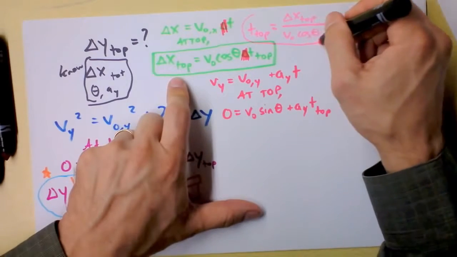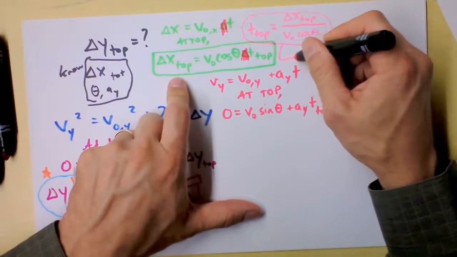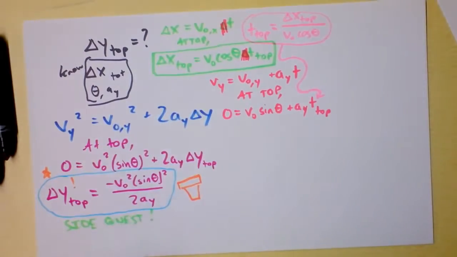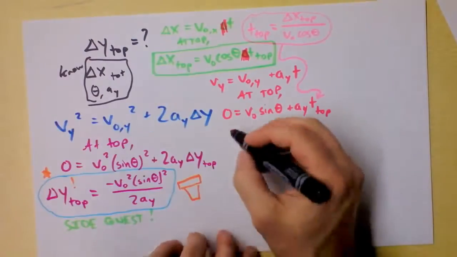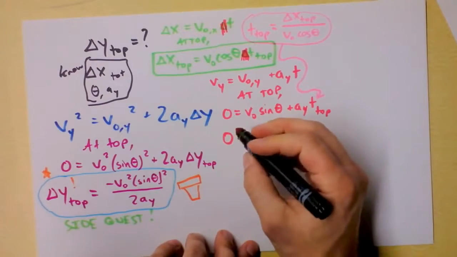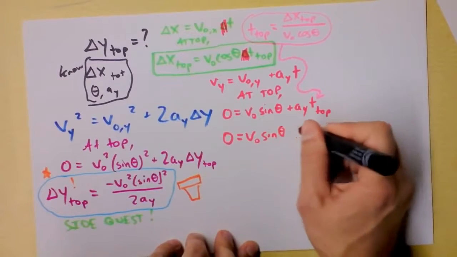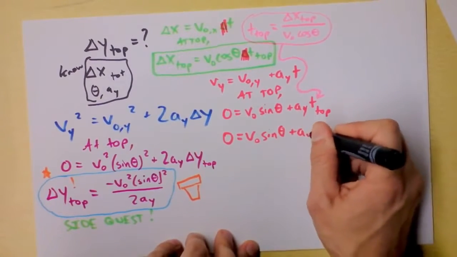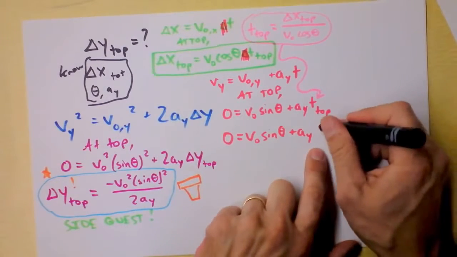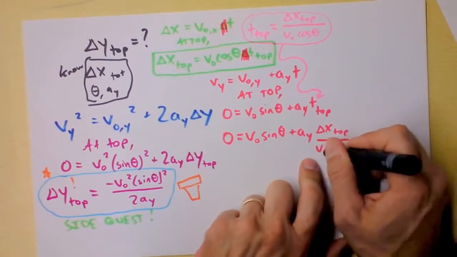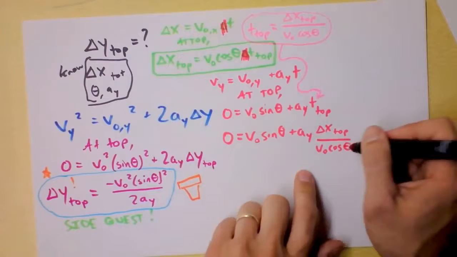We'll put that in a little circle, and we'll drag that circle down here, and then I'm going to rewrite my equation. Let's continue in red. 0 equals, oh, this is infrared, very nice, v naught sine theta plus acceleration in the y direction times delta x at the top divided by v naught cosine theta.